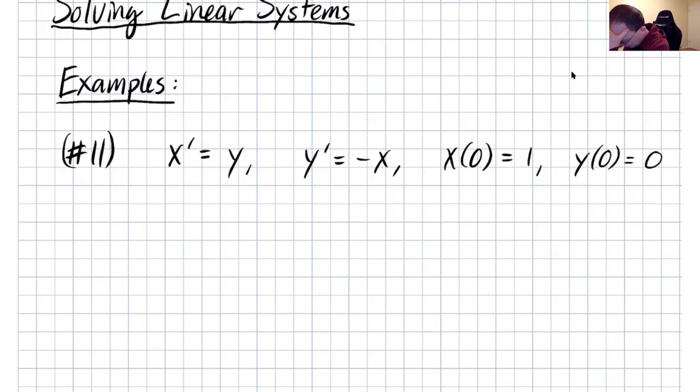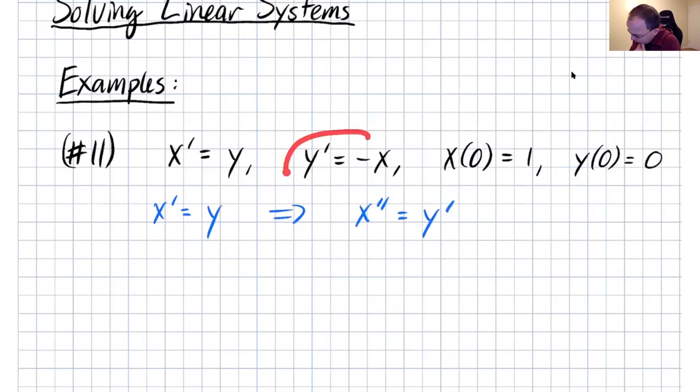Okay, so how can we go backwards here? Let's start with this first equation. x prime equals y. If I take the derivative of that, I'm going to get x double prime is equal to y prime.